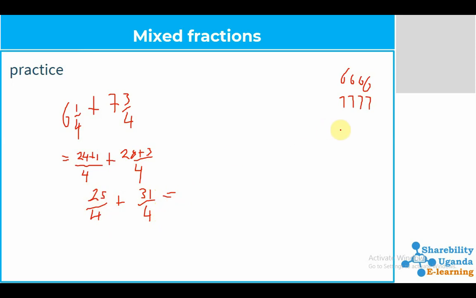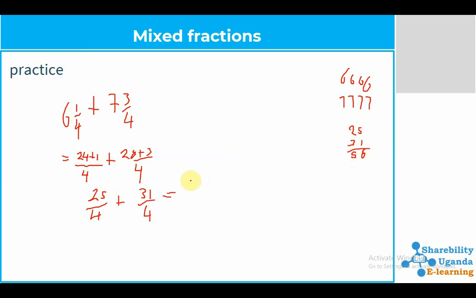31 plus 25. In our simple addition, we said 25 plus 31. Then we add. So this is a 6, and this is a 5.